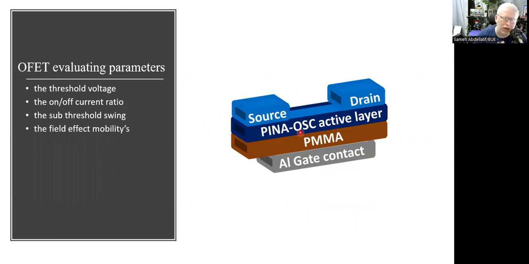Because here we are from the perspective of the manufacturer, from the perspective of the designer. We are the ones who design the OFET in terms of dimensions, materials, and so on. So how can we evaluate our fabricated OFET, or maybe even our simulated OFET? These are the four main parameters.